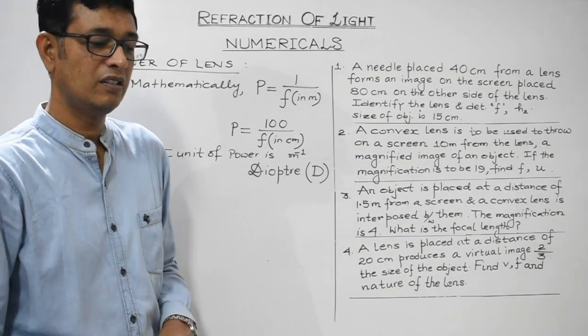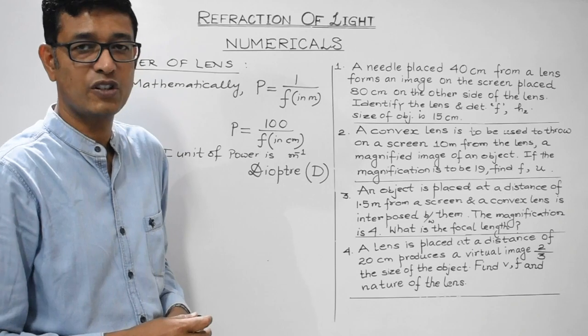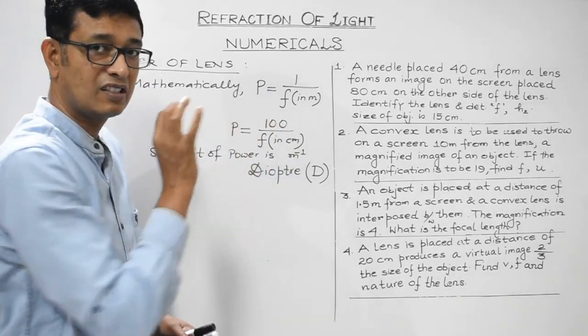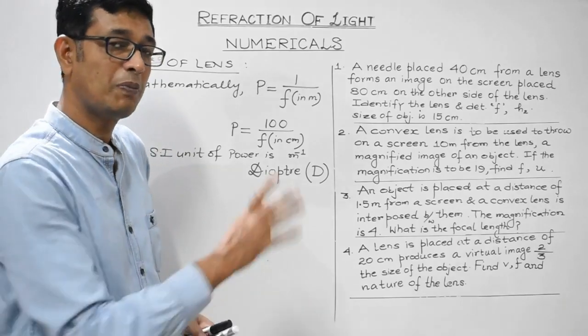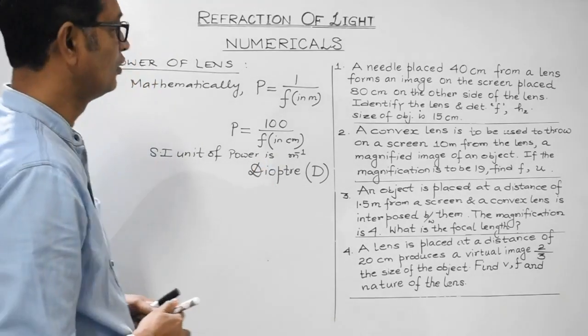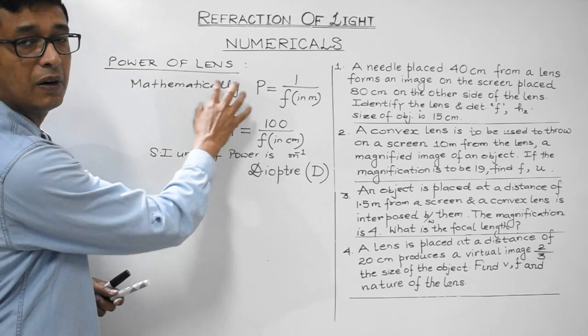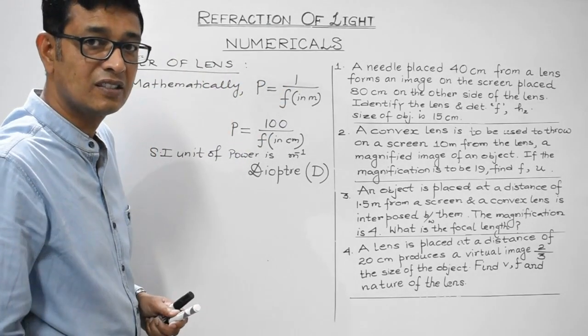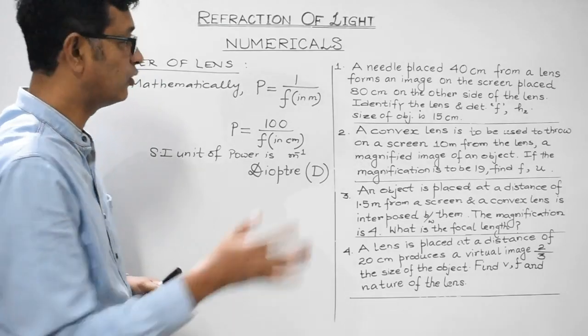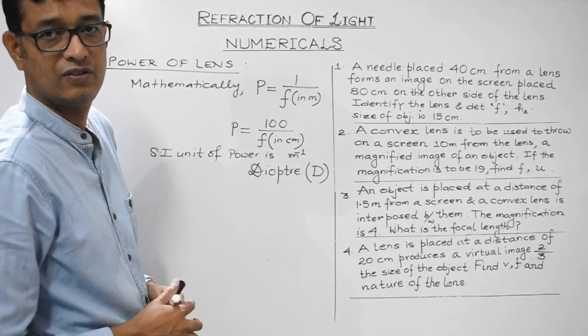Now look students, here also we need to make use of sign convention. We have discussed that for a convex lens the focal length is positive, so its power is also positive. For a concave or diverging lens, the focal length is negative, therefore power is also negative, right?